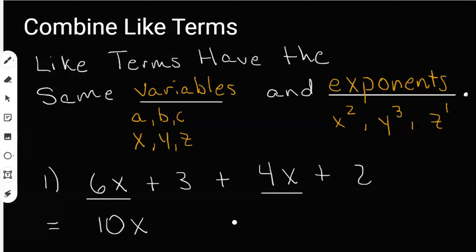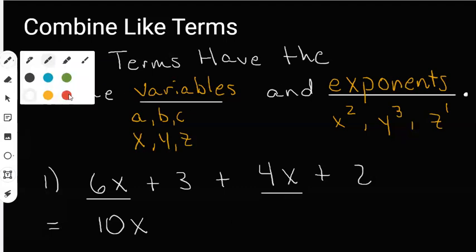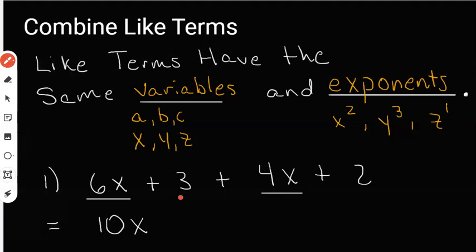Now I want you to underline the other pair of like terms. Go ahead and underline the other pair of like terms. There's only 2 left, right? So it should be pretty simple. It's 3 and 2.